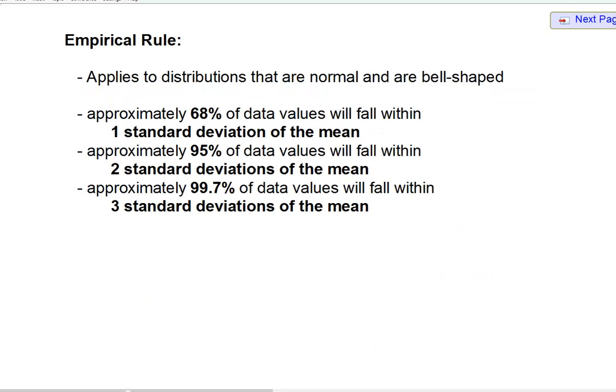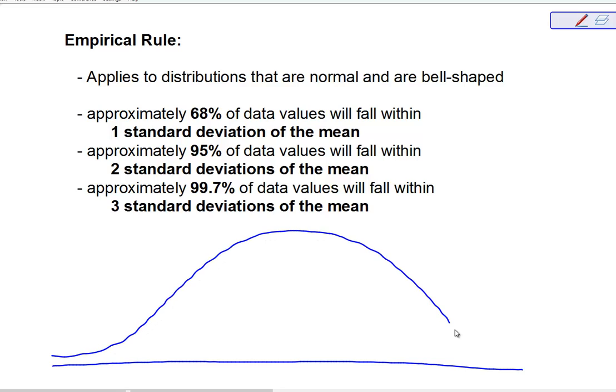The last thing that we want to look at in this area is what we call the empirical rule. The empirical rule only applies to distributions that are normal and are bell-shaped. What I mean by bell-shaped is we have this distribution and it is very symmetric and bell-shaped, okay, with the center being here, can be cut in half and can be folded over on each other, extremely symmetric.